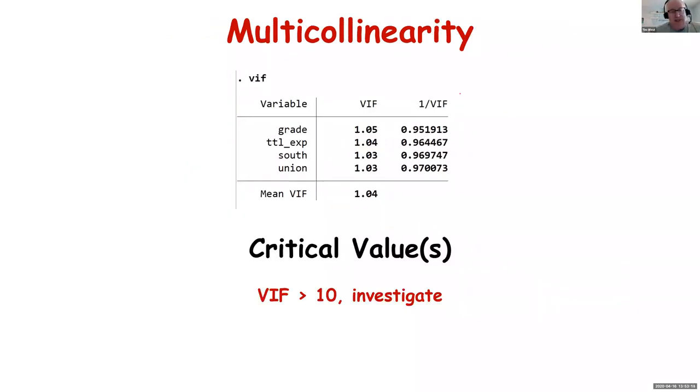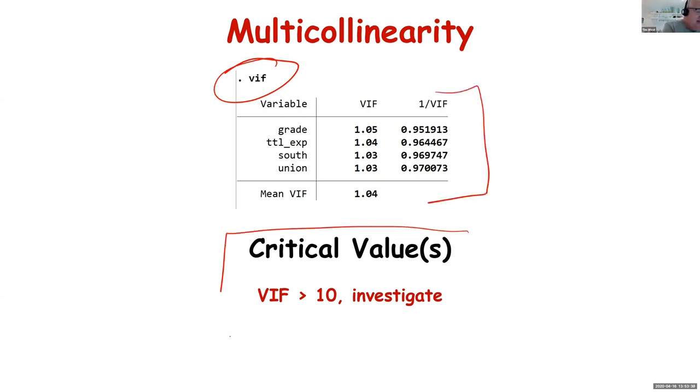Next thing, multicollinearity, a great word to use whenever you're in a discussion in a bar. And so the common one, and Russ talks about this one, are variance inflation factors, the VIFs. This one's pretty straightforward. All you've got to do is run the command VIF in Stata, and you wind up with this information.